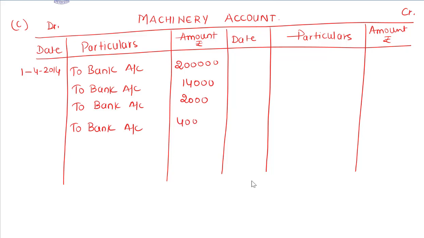And 4,000 is incurred towards installation charges, so 4,000. Total is 2,20,000.